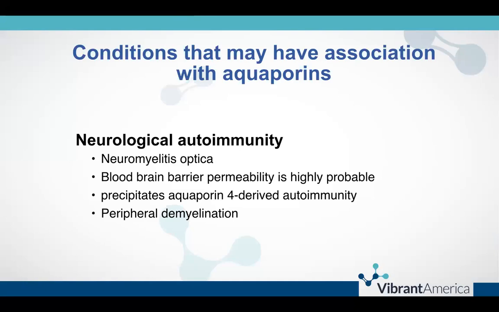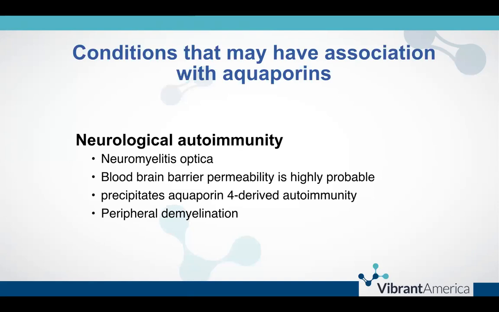However, you would have to also understand that in order for this to happen, you have to have some form of blood-brain barrier permeability. So either currently or previously there had been some breach of the blood-brain barrier in order to allow these aquaporins, or the antibodies to these aquaporins, access to the brain. That would precipitate your aquaporin 4 derived autoimmunity.